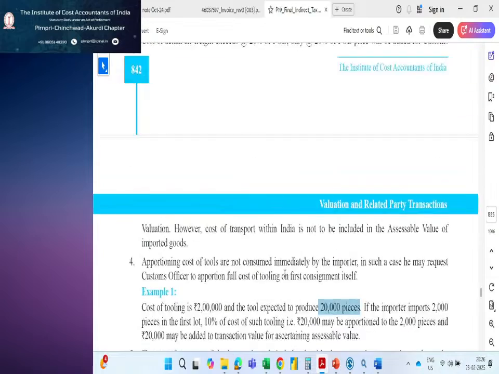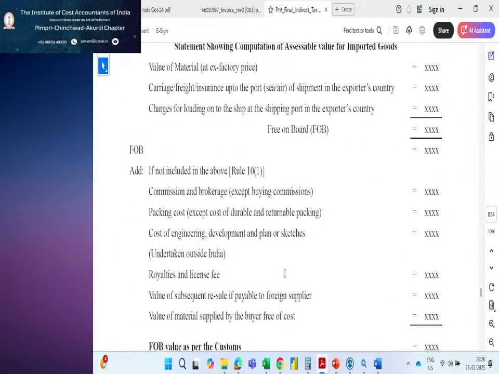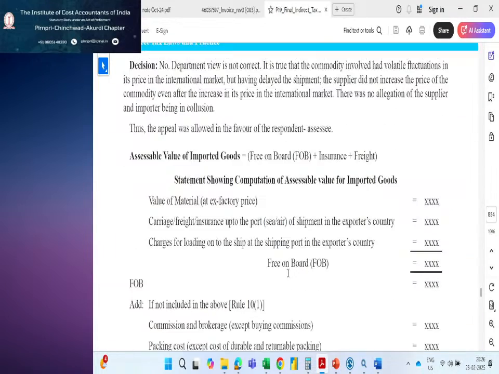So to summarize, we have seen the valuation of exported goods, and we are now seeing the valuation of imported goods. How are we going to value the imported goods? Based on the assessable value. Assessable value means free on board plus insurance plus freight.